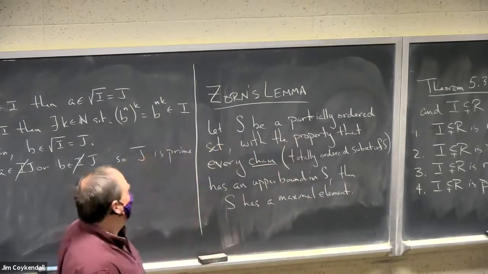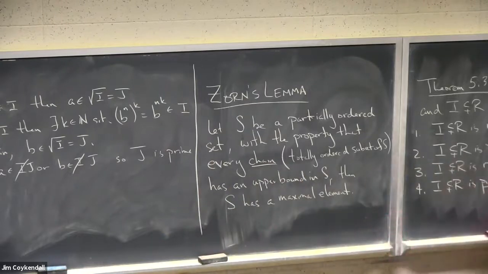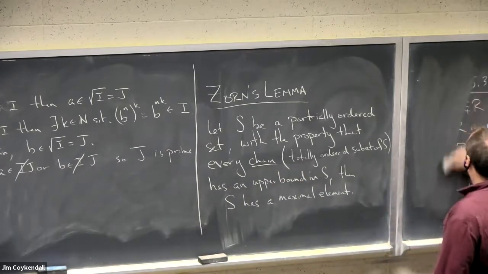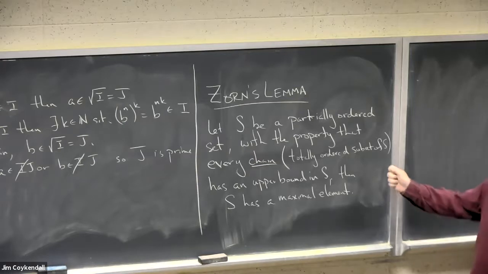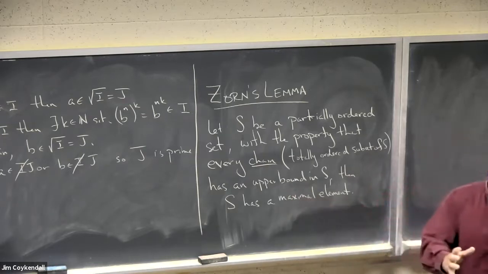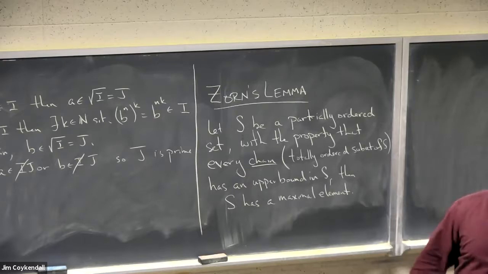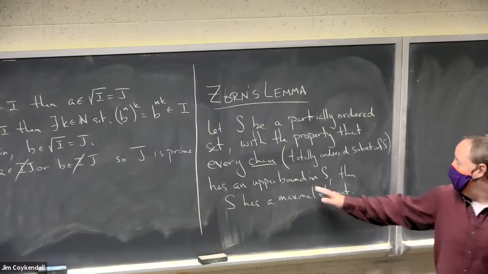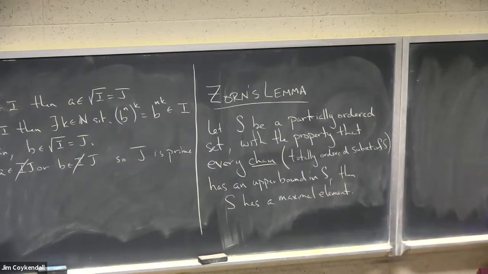So here's the situation. You have a partially ordered set, call it S. You might have apples and oranges in there that you can't compare, but this set has the property that if you ever pull out all apples, that is, any chain, then this subset has an upper bound in S. Then the set S must have a maximal element.